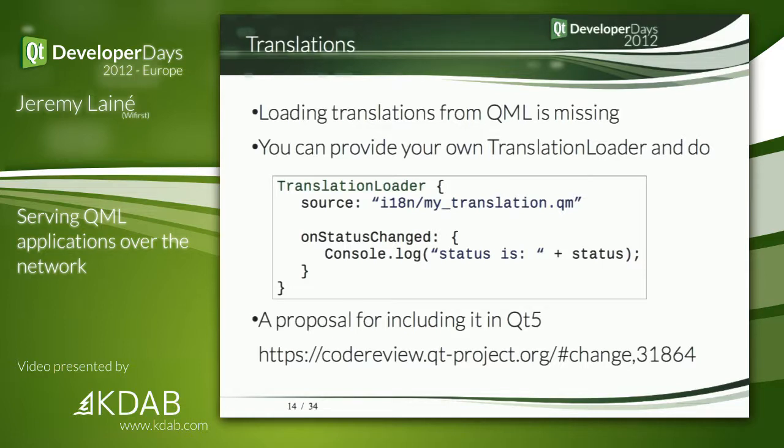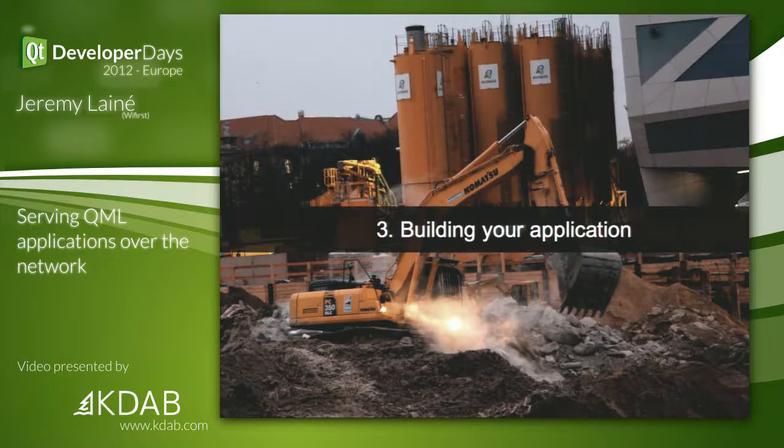So we need to mimic this behavior, and you need some kind of feedback in the form of a status property, which tells you what the current loading state of the translation is. So once you've got this in place, you now have all the building blocks to start developing your application.